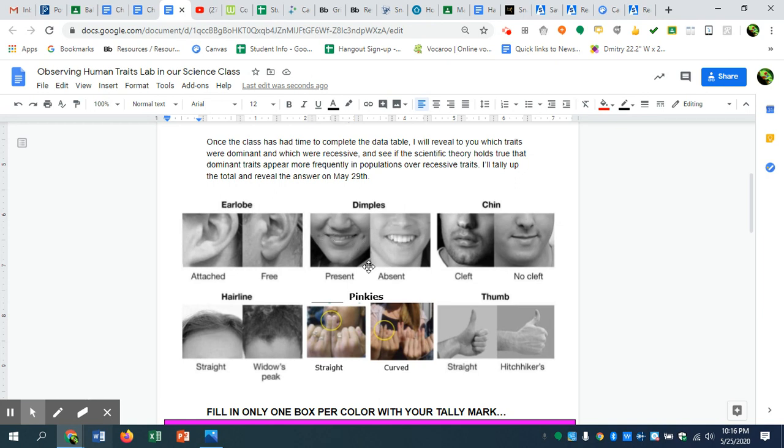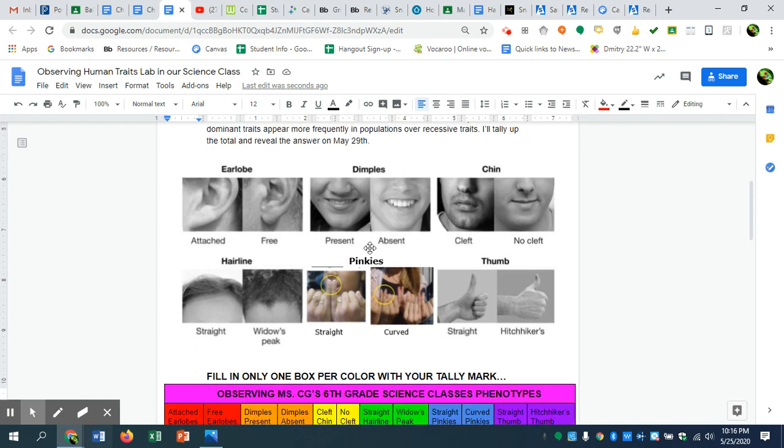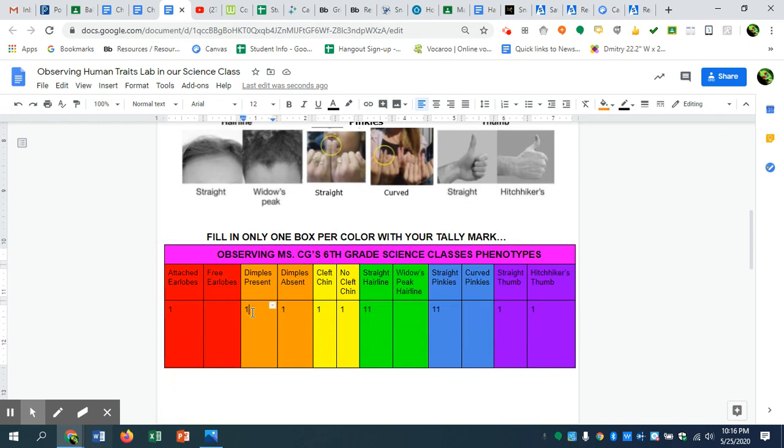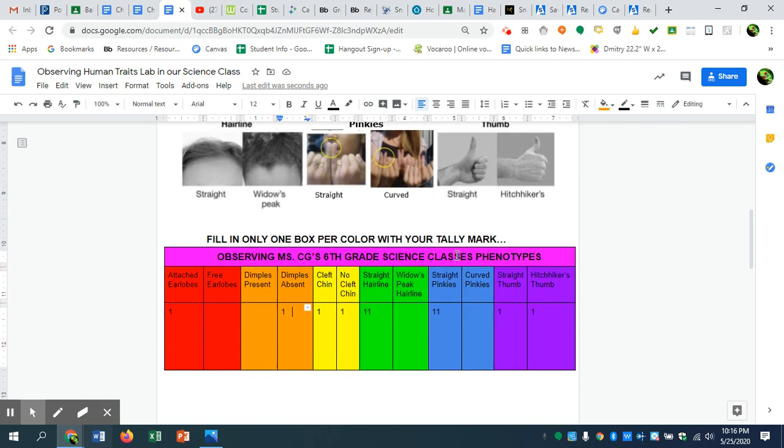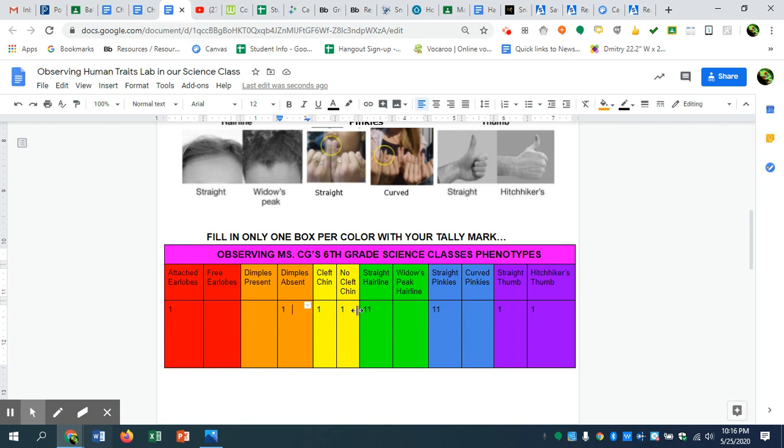So when you smile, if you have dimples, you're going to put your mark here. If you don't have dimples, then you put your mark here, dimples absent. And now let's go to cleft chin. If you have a dimple in your chin, if you have a cleft, you put it here. If you don't have a cleft, you leave it blank.